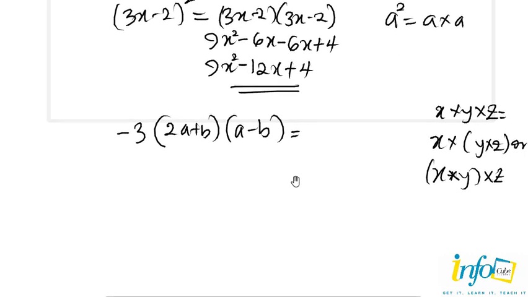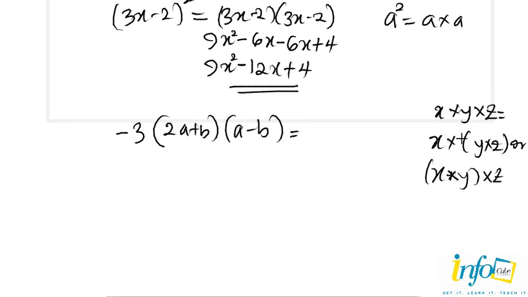So let's use it in this. I will use the first one first. So I will first of all multiply what I have in the two brackets by saying 2a times a will give us 2a square, 2a times minus b will give us minus 2ab, plus b times a will give you plus ab, plus b times minus b will give you minus b square.